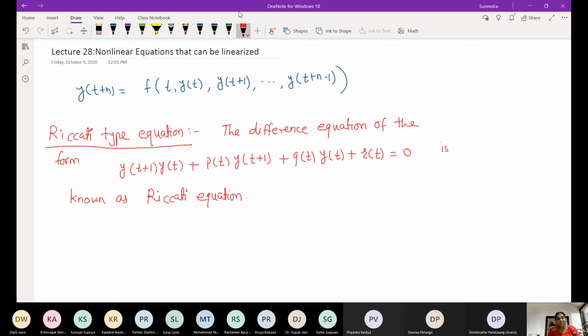If my given difference equation is of this form, then we will say that this is a Riccati type equation. So this is linear or non-linear?